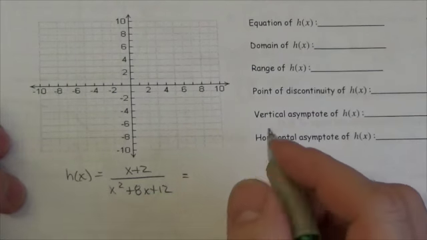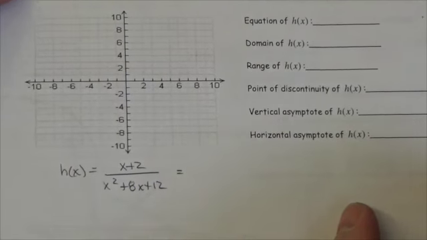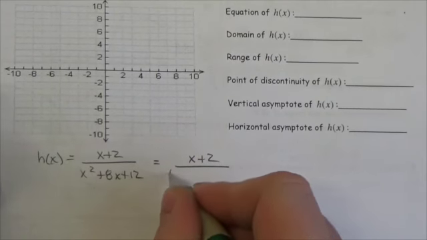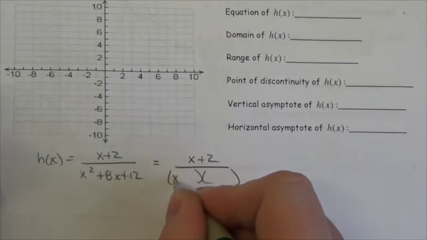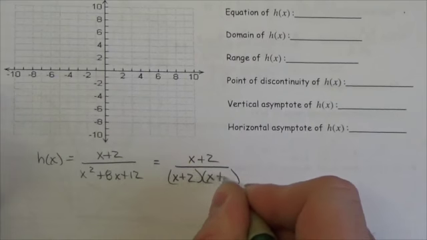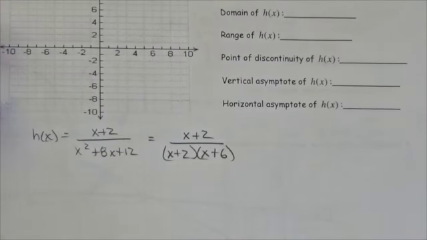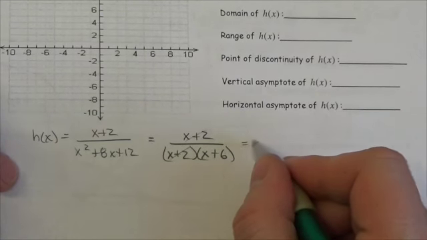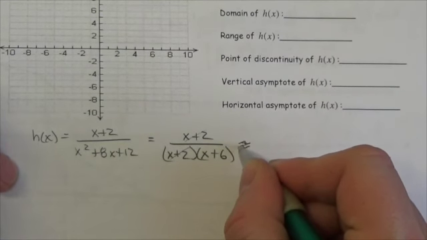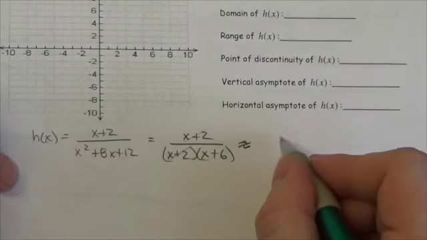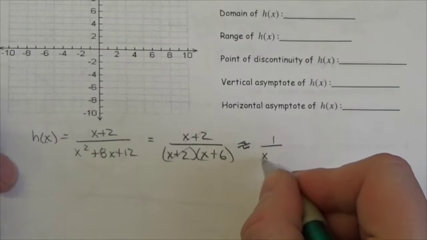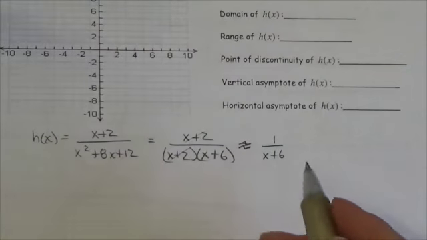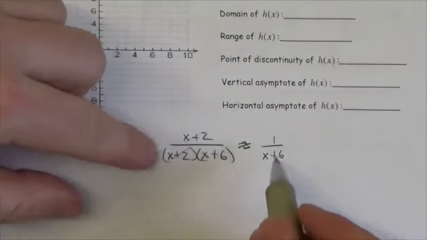Now, to simplify this, what I need to do is factor first. So x plus 2 divided by, well, my denominator is going to factor down to x plus 2 times x plus 6. That can be simplified by canceling the x plus 2's out, but that doesn't make it equal, it only makes it equivalent to 1 over x plus 6, because there is one value where these two are not equal.